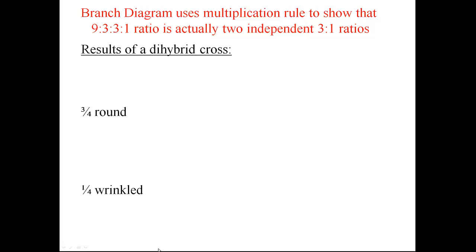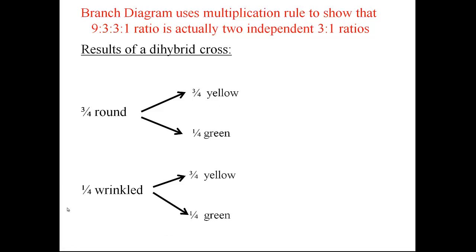Now, since the second trait, yellow versus green, is independent of the first trait, of those 3/4 that are round, 3/4 of those will be yellow and 1/4 of those will be green, again because yellow is the dominant trait. Same thing with the wrinkled. Of those 1/4 that are wrinkled, 3/4 of those will be yellow and 1/4 will be green.